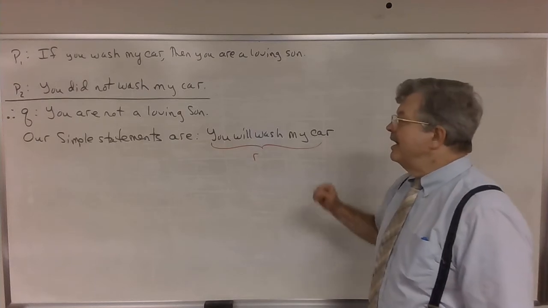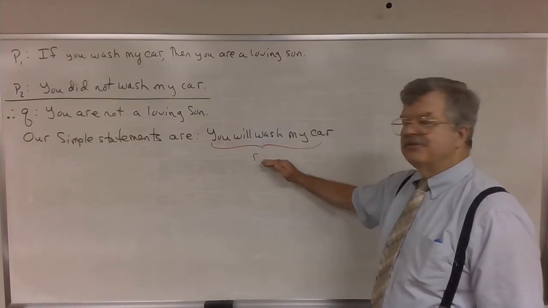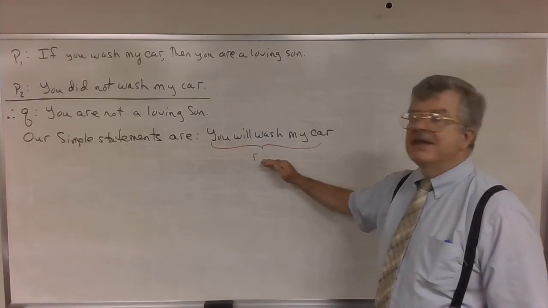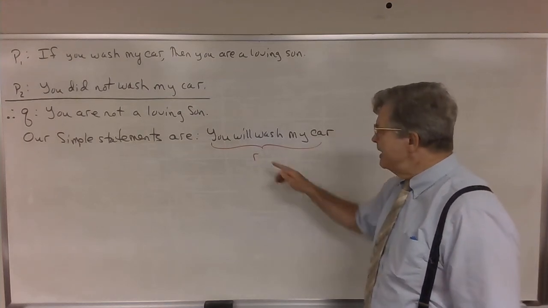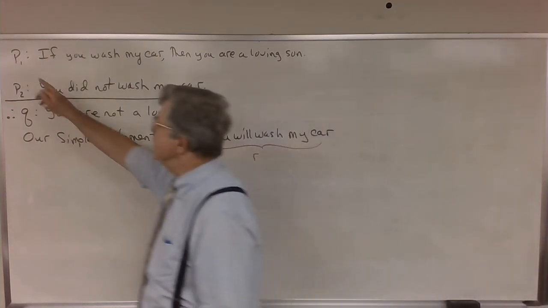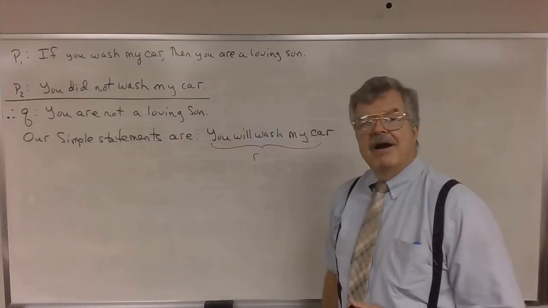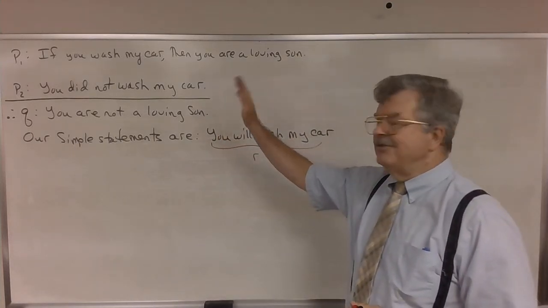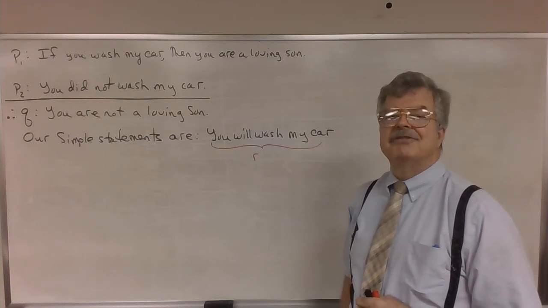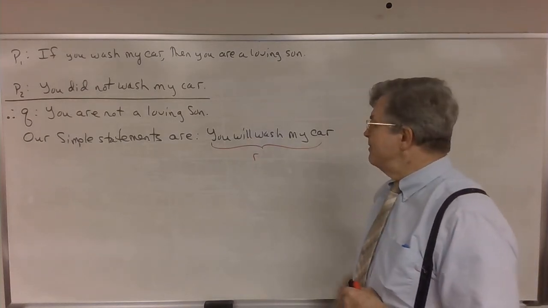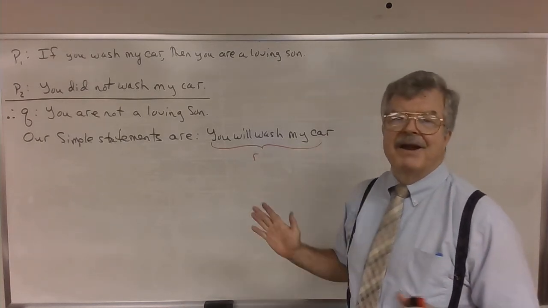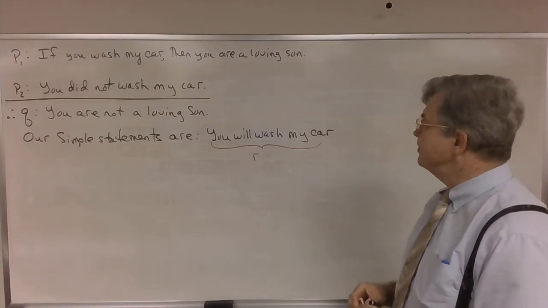So when I identify my simple statements, I'll start with R, so that we don't get confused about P and P1. For our arguments, the P's and Q's are premises and conclusions, and my simple statements will be R, S, T, and so forth.